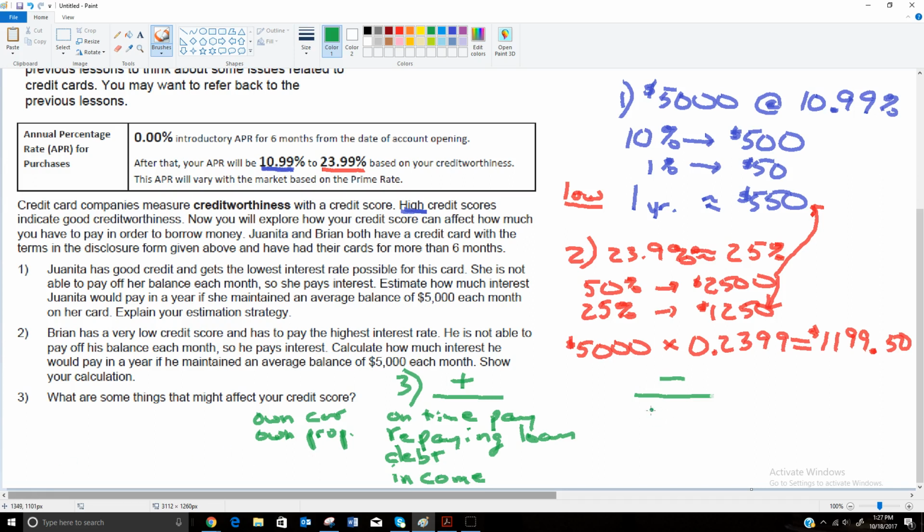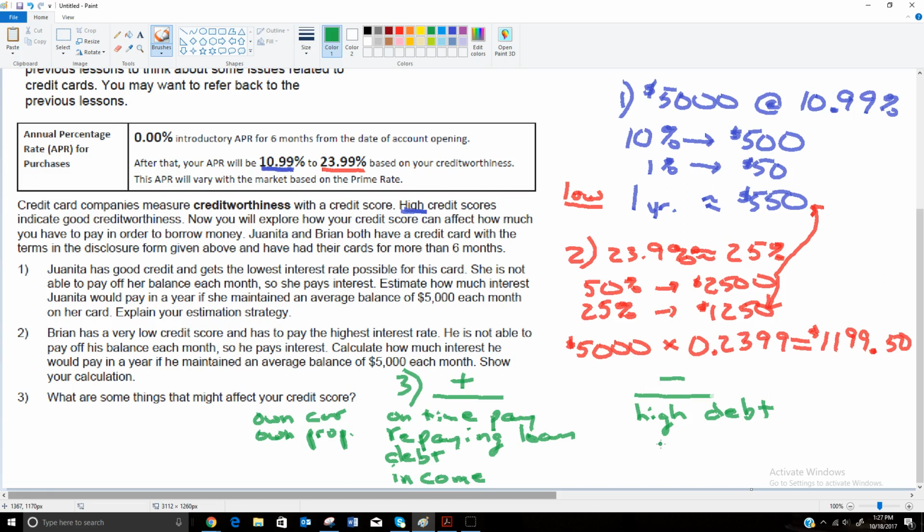Things that can hurt is, of course, not paying on time, or defaulting on a loan or something like that. But other things are high debt. If you have what they call too high of a debt to income ratio, then that affects you negatively.